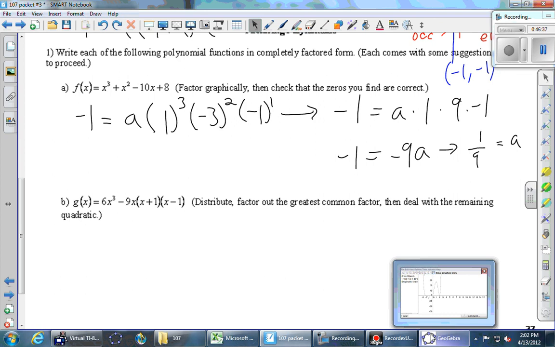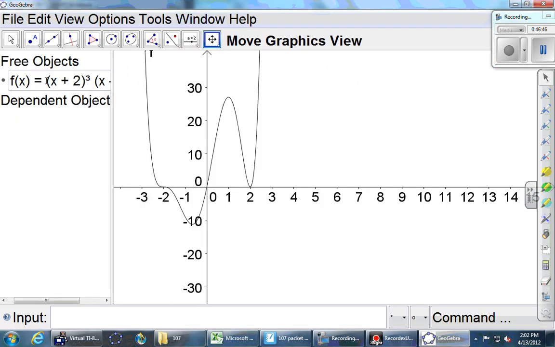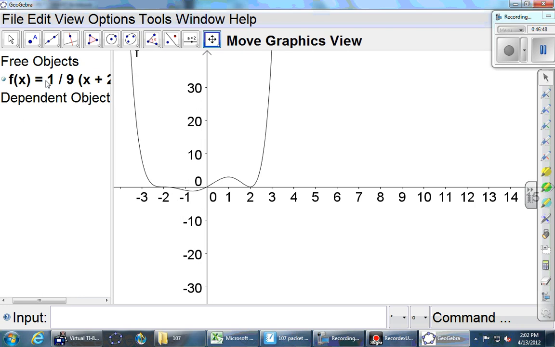What am I about to do on GeoGebra? I'm going to put that 1/9 right in the front of this thing. 1 divided by 9.